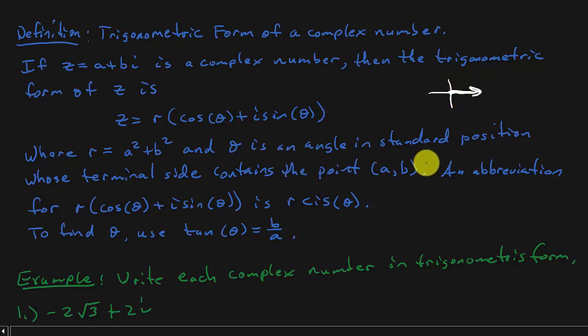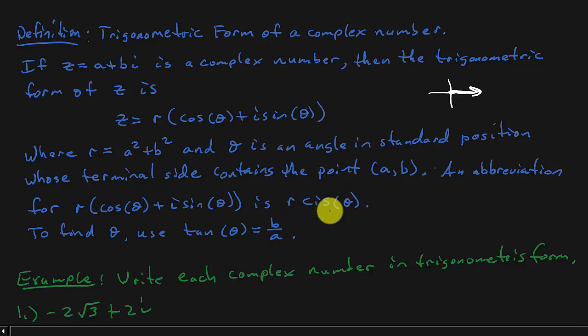So theta is an angle in standard position whose terminal side contains the point (a, b). An abbreviation for r cosine theta plus i sine theta is r cis theta. So when you're writing these complex numbers, if you don't want to write it all out, you can abbreviate it to this form.